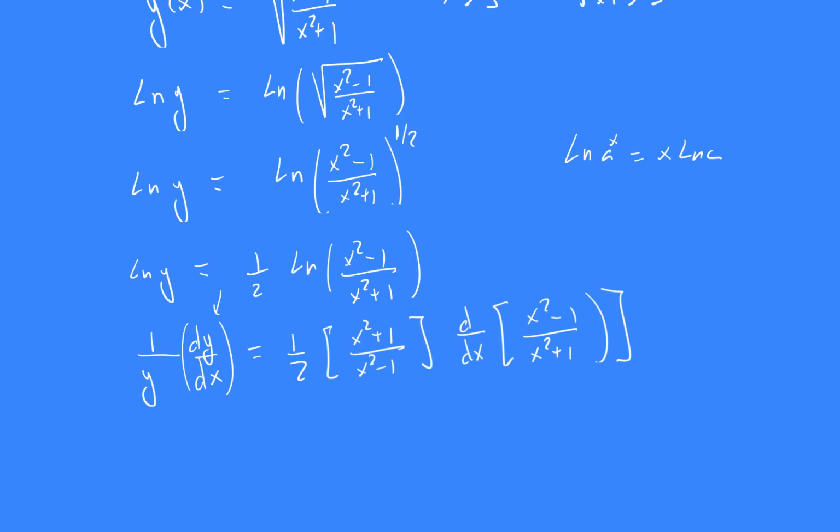Now the derivative of this quotient of these two functions is the derivative of the numerator by the denominator minus the derivative of the denominator multiplied by the numerator, divided by the denominator square.